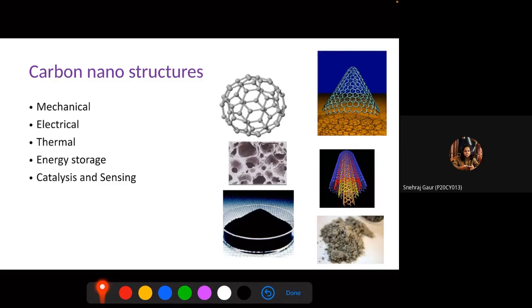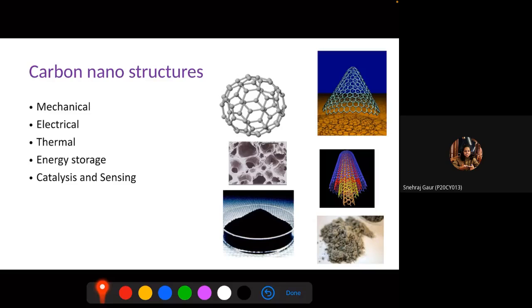Until 2000, people were all talking about how carbon nanotubes were going to replace silicon-based devices very soon, and then graphene came, and people again started talking about how graphene will probably replace silicon-based devices in the near future.